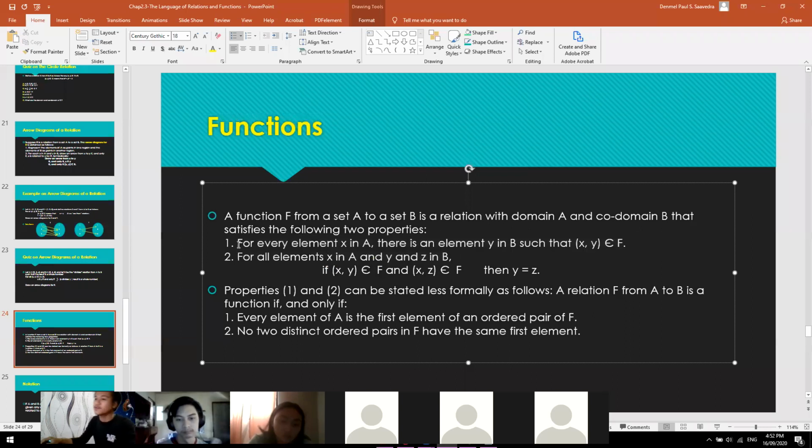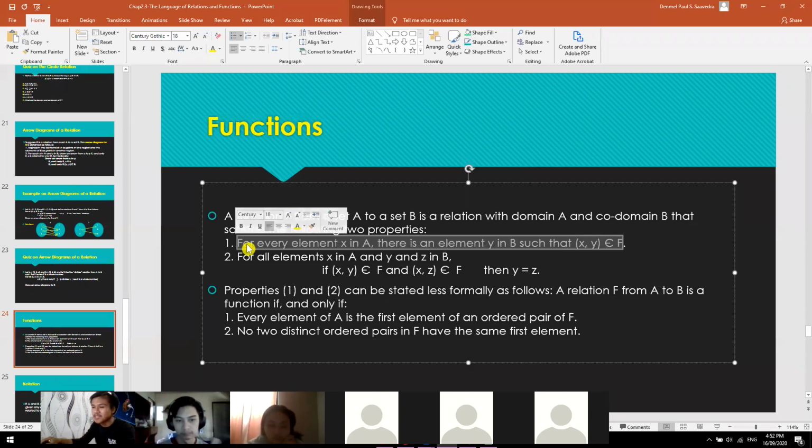Okay? So sabi dito, first requirement: for every element x in A, there is an element y in B such that the ordered pair (x, y) is an element of f. Medyo magulo, masyadong technical, pero mamaya magigets nyo rin yan.